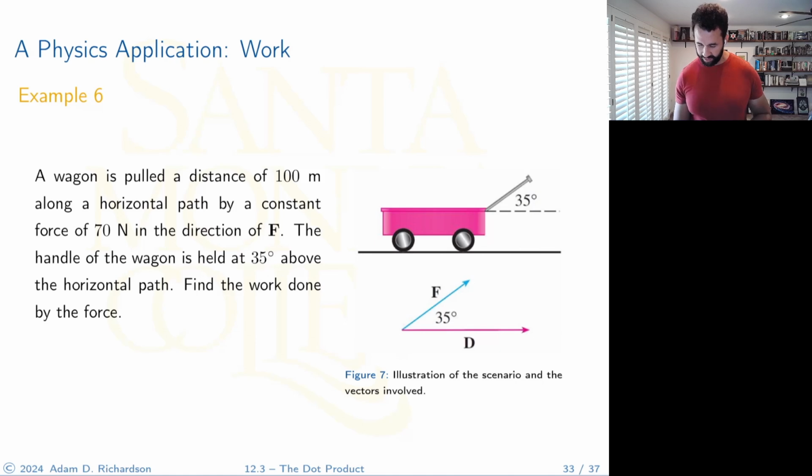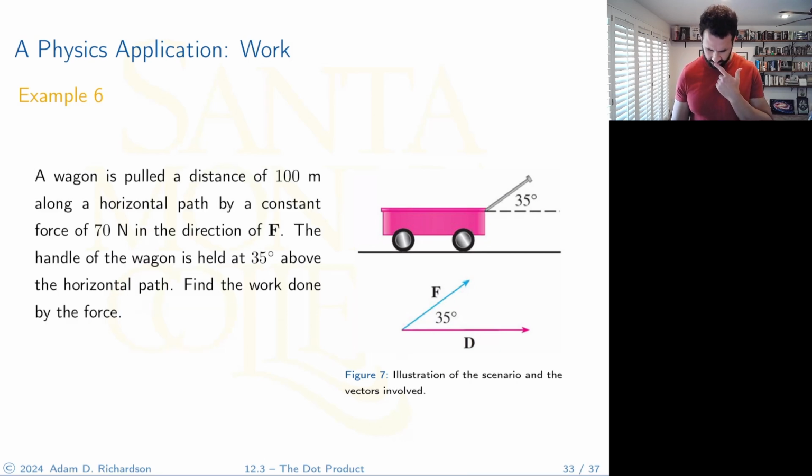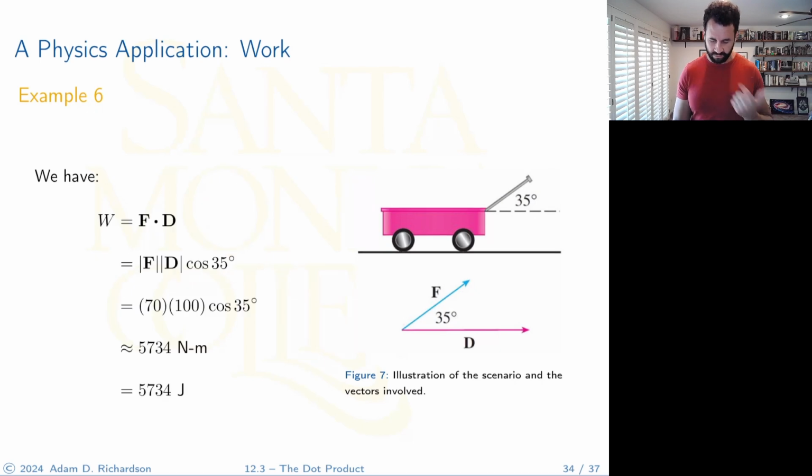All right, here we go. So we're going to use this figure here, and we're just going to use the dot product, frankly. The computation is really quite straightforward. Work is F dot D. We have a formula. Oh yeah, constant force of 70 newtons.